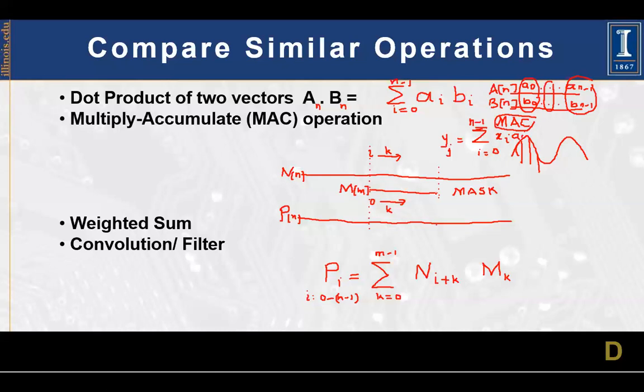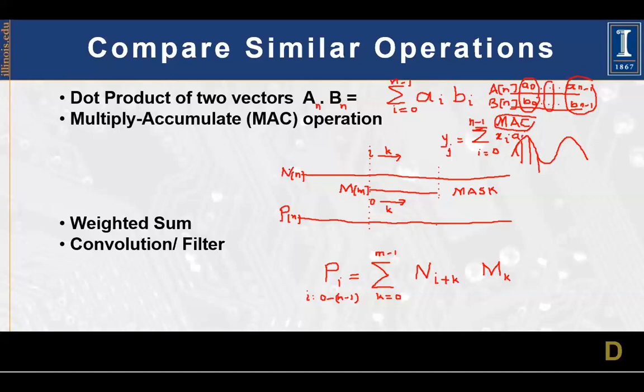I am taking this as an array N, which has small n elements. This is your voice signal. And then I am taking an array M, which we call the mask or filter, and it has m coefficients or m weights. Sometimes if it is a filter, we call them coefficients; in many other applications, we call them weights.